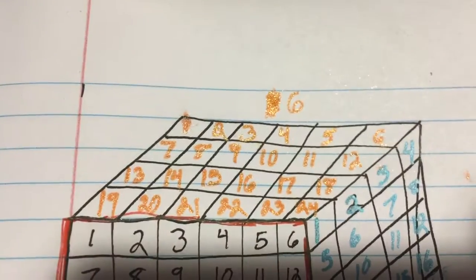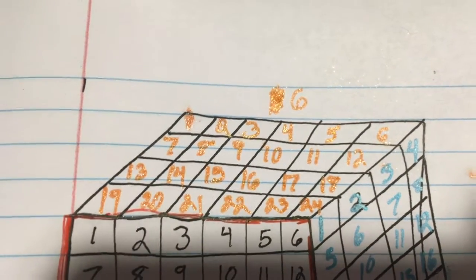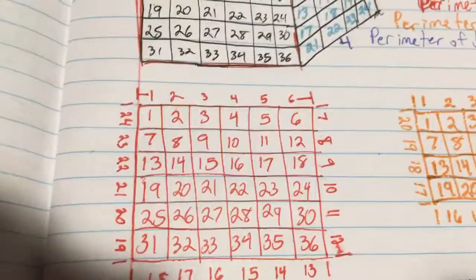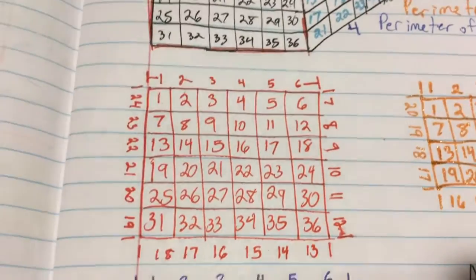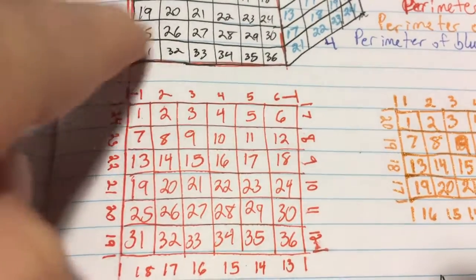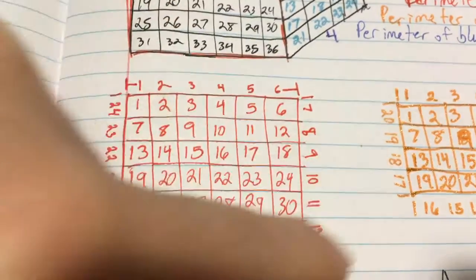Now, the squares on top are going to be a different amount. And notice that my perimeter of this red square, which is 24, that's when I'm talking about the distance around it.